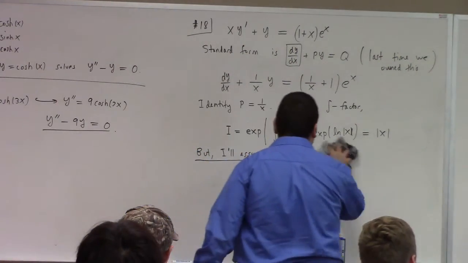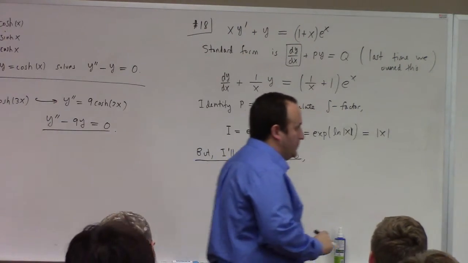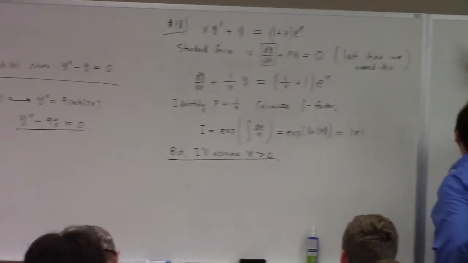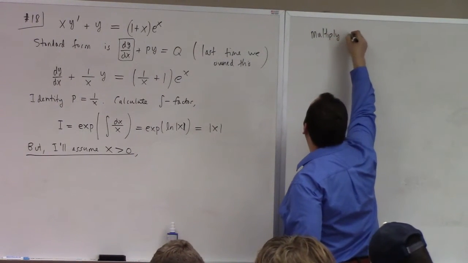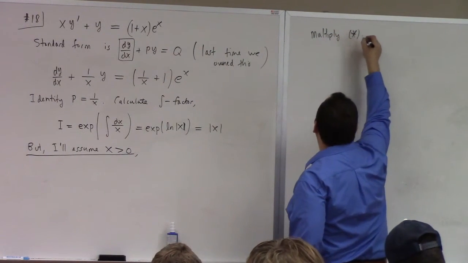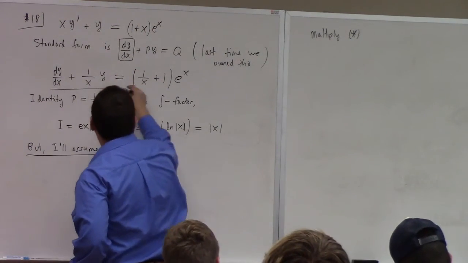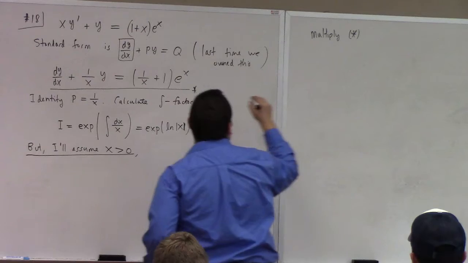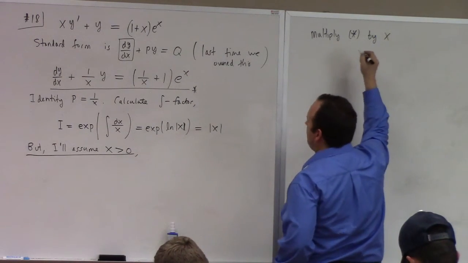All right, once we've found the integrating factor, what do we do with it? Multiply the differential equation. This is the differential equation, right? Multiply star by x. What's that give us?